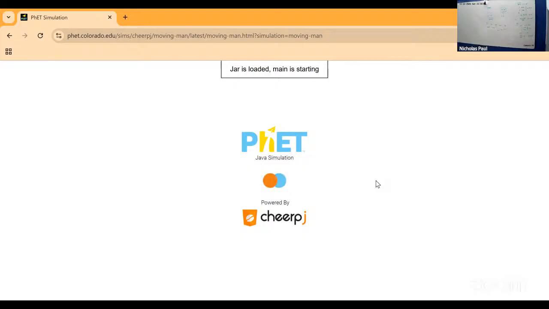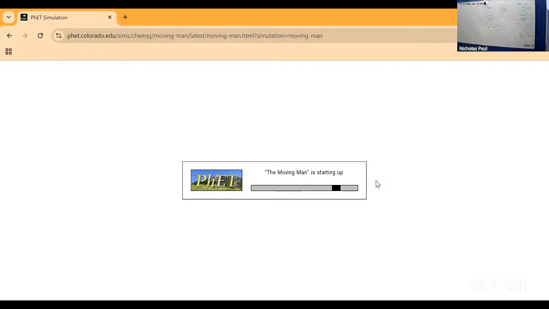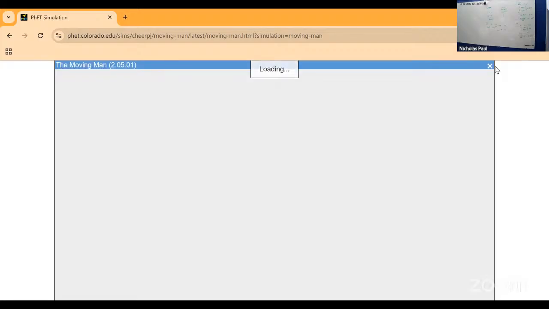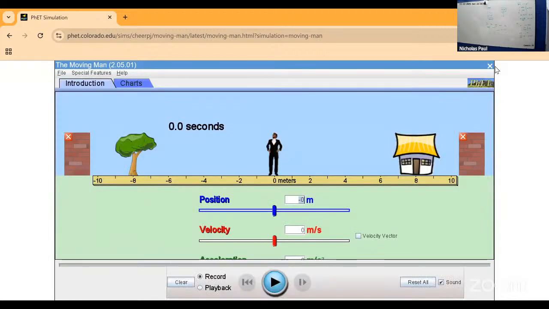Online, you're seeing a shared screen, right? It might be blank, it might be a little dark. Online, you'll see the shared screen.